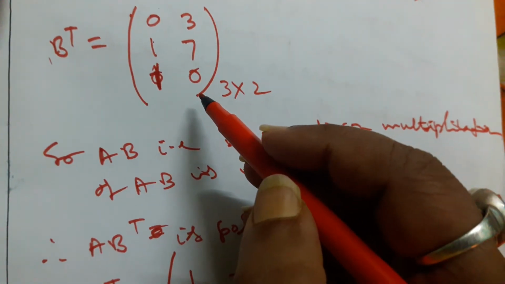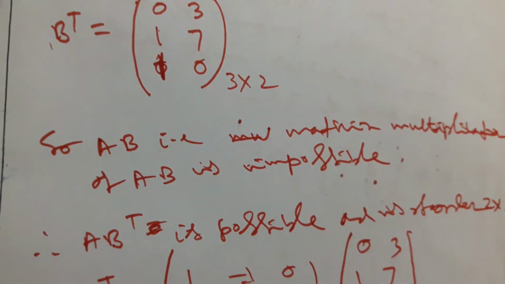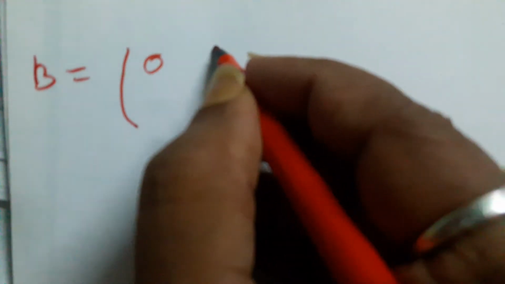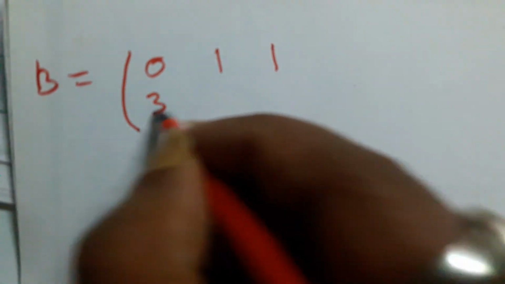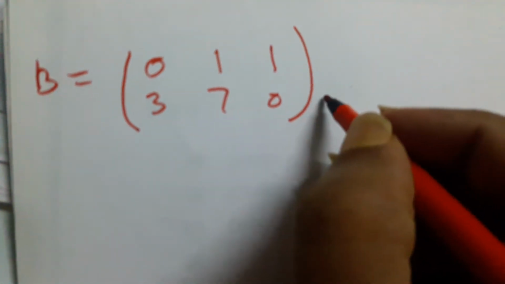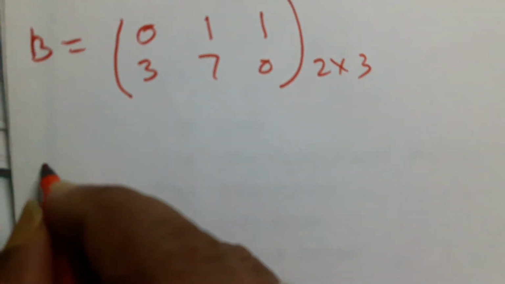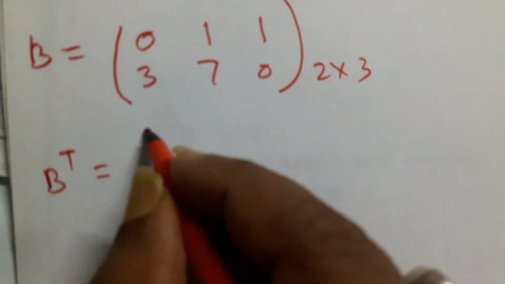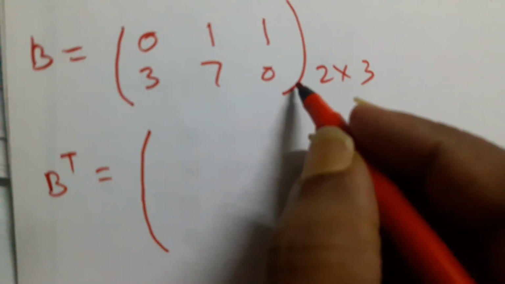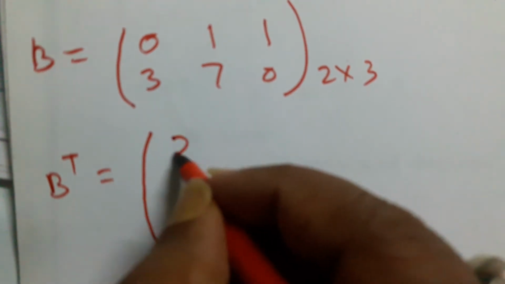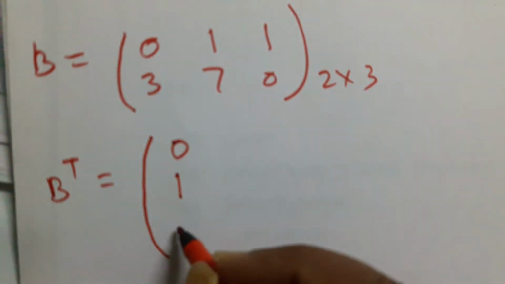Now we consider this property. Let B be the matrix 0 1 1, 3 7 0, of the order 2 by 3. Therefore B transpose must be of the order 3 by 2, where the first row changes to the first column.